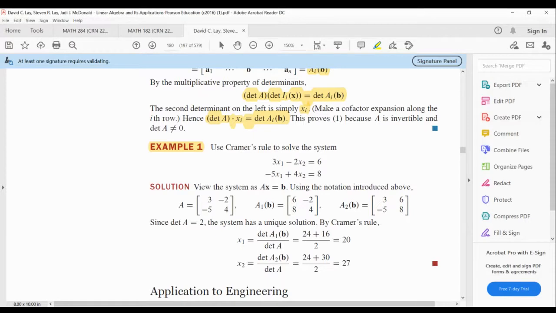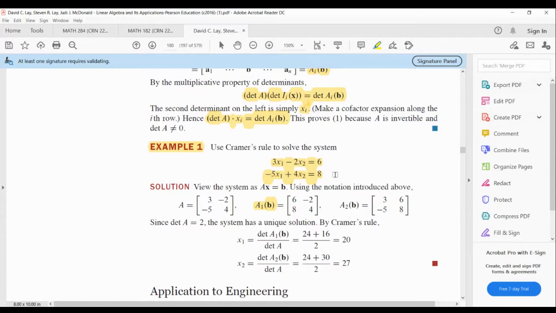You have it right here. So the coefficient matrix A is 3, -2, -5, 4. For the matrix A1b, what they did was they replaced the first column with the 6, 8, which is the vector B of constants from the system above.